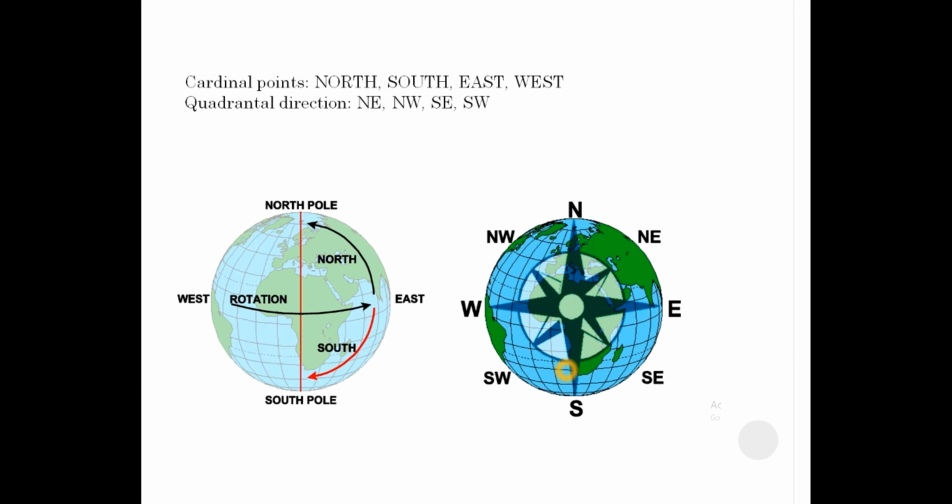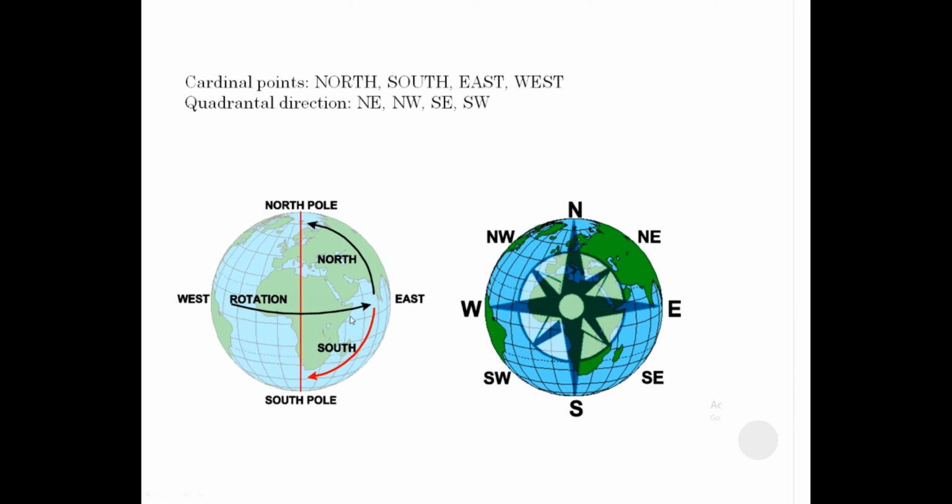Here in the figure you can see the north pole, the south pole, east and west. The direction towards the north pole is called the north direction, and the direction towards the south pole is called the south direction. The earth is rotating in the east direction, like this.